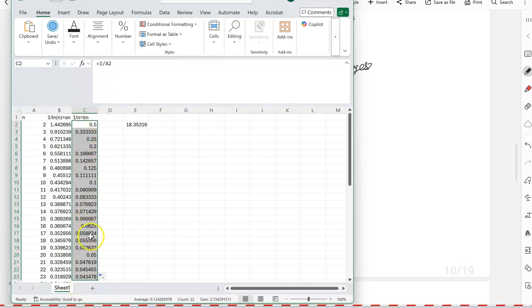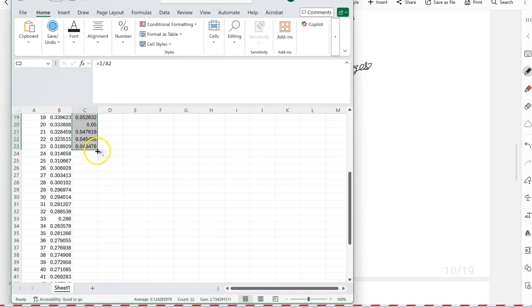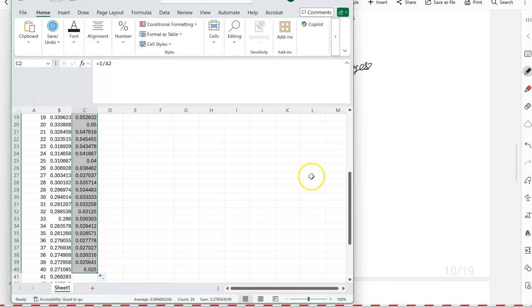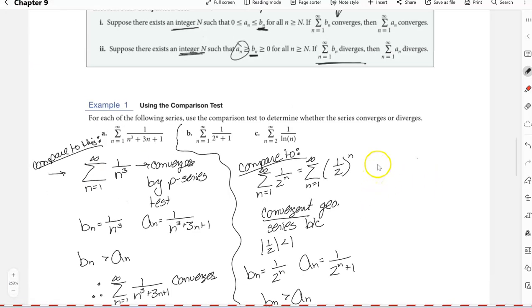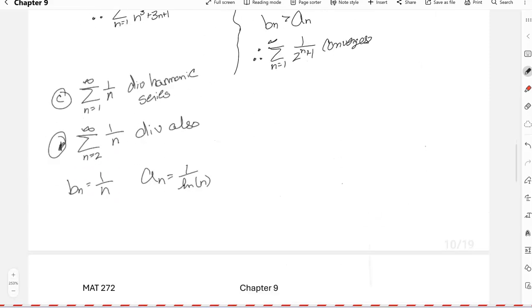This column is always smaller than this column, even if I were to look at the first 40 terms. So I picked a smaller sequence, right? And that smaller sequence diverges, which forces that larger one to diverge.